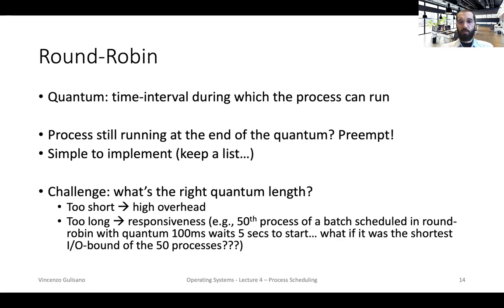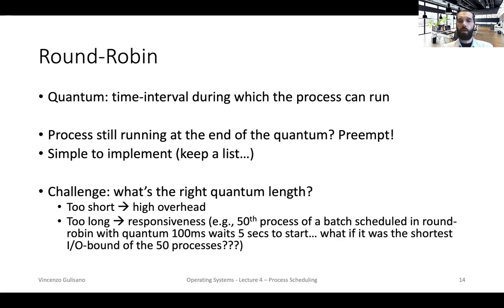So if you take this example, if you have 50 processes, and you look at the last one, and you are using this round robin scheduling, and the quantum is 100 milliseconds, then you see that for this process to start, it will take 5 seconds. And this, of course, is not a really responsive system if it takes 5 seconds before a process gets assigned to the CPU.